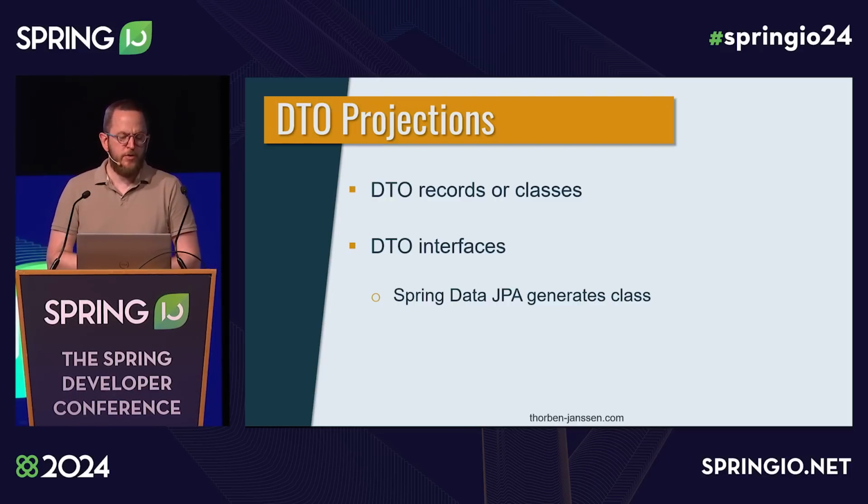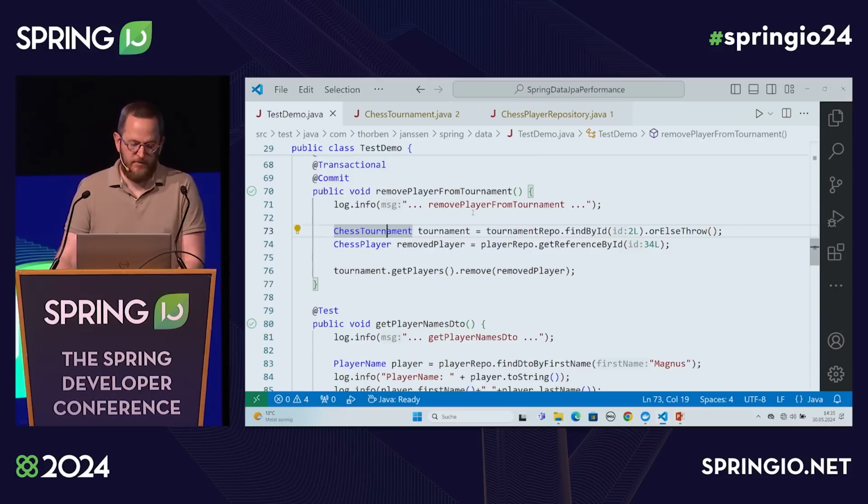And then you can also use interfaces as a Spring Data JPA feature. In that case, Spring Data JPA generates you a class that implements that interface. And when doing that, it looks like you can do a few fancy things that are not supported by JPA. But as I will show you in the next few minutes, you should better avoid that.